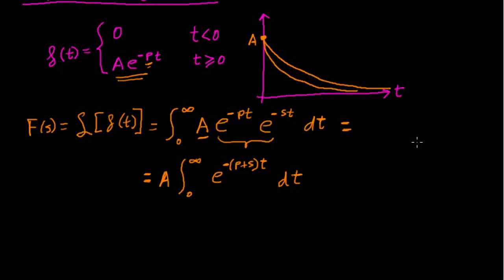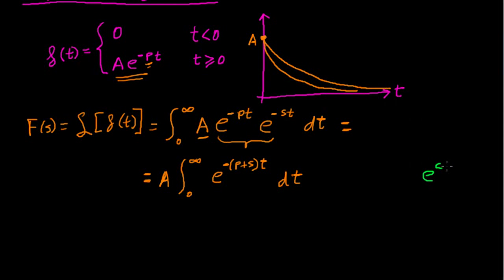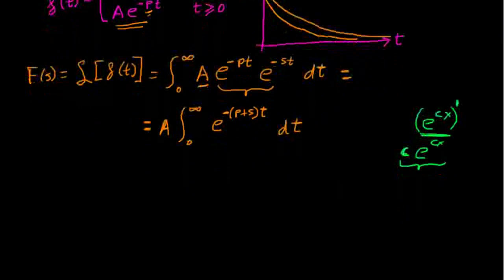Now we have to remember that the derivative of a function e to the cx with respect to x is e to the cx times c. So if we can get this inside the integral, we already have its solution.